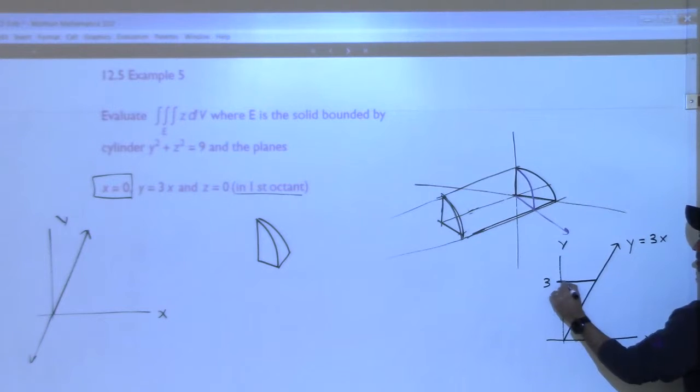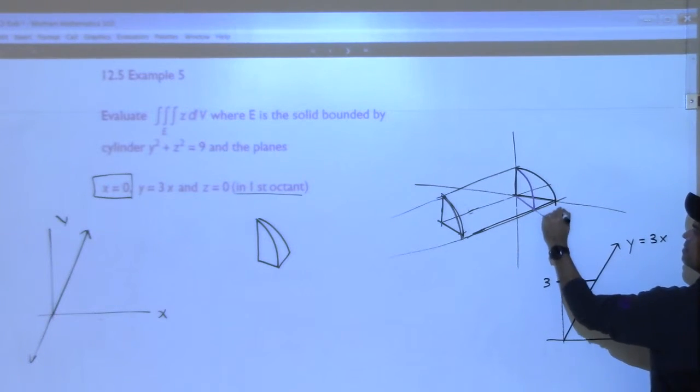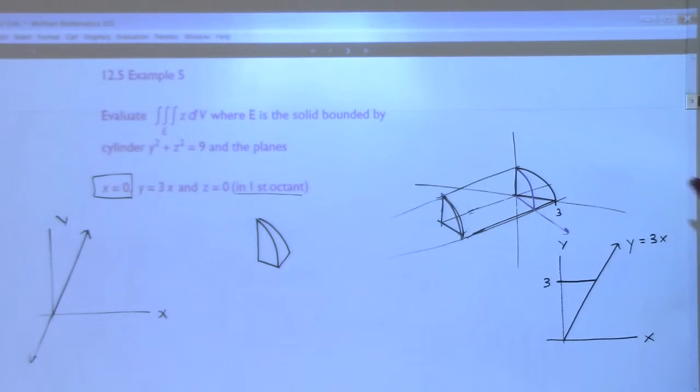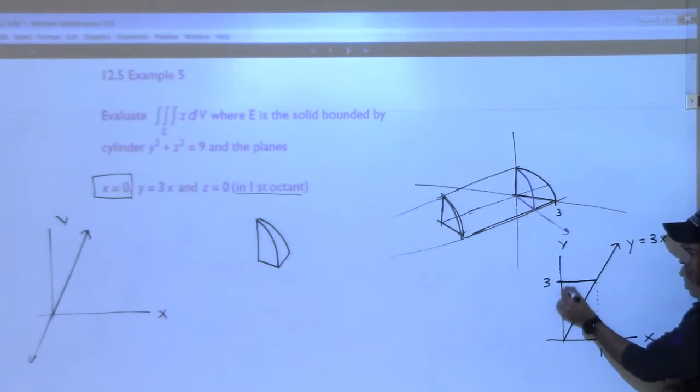Because the radius of this right here is 3, the radius of the cylinder coming around. So we know that's 3. And if we know that's 3, then we know what this is. This is 1, because 1 plugged in here would give you 3. So here's our shadow on the ground, this thing.